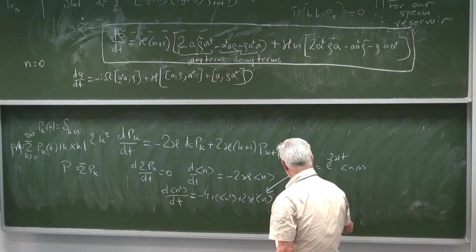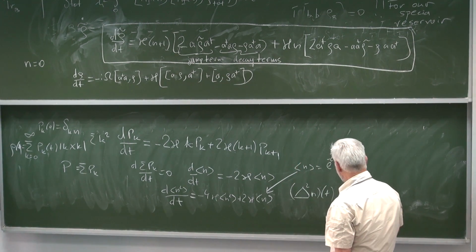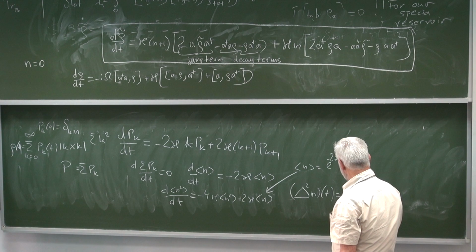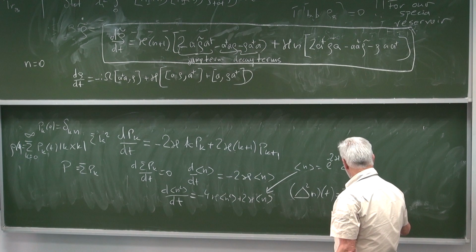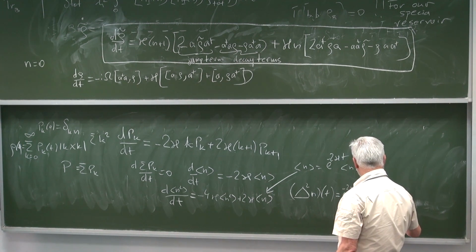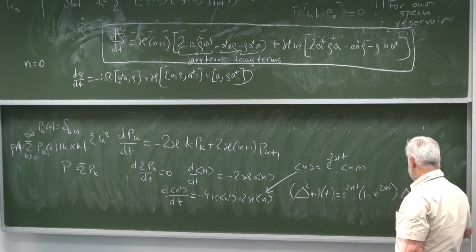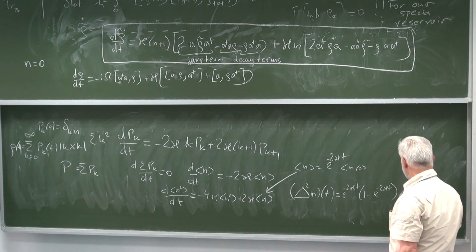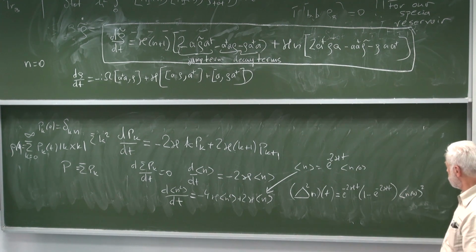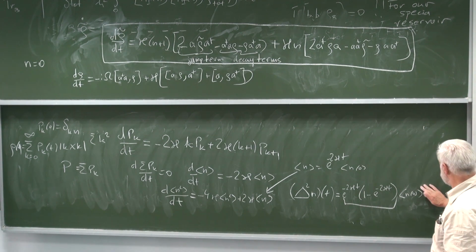So the variance of n of t was, what was it? It was e to minus 2 kappa t, 1 minus e to minus 2 kappa t times the mean value of quanta at the beginning. I don't remember exactly, but yes, like this.